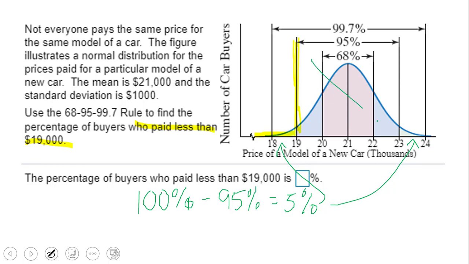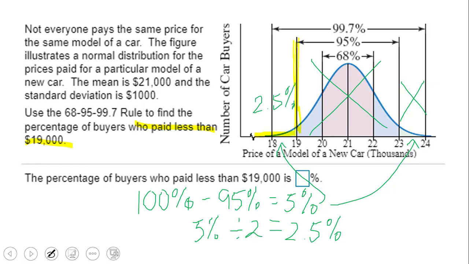I don't want the 95%, and I don't want that other half that's up there. I only want the half of the 5% that is below 19. So I'm going to take the 5% and divide it by 2 to see that there's 2.5% in each of those places we discussed.